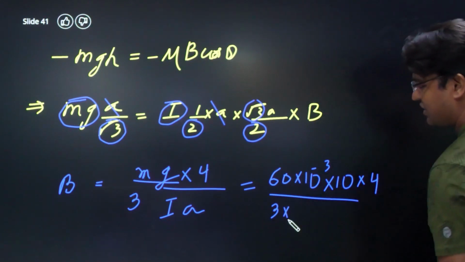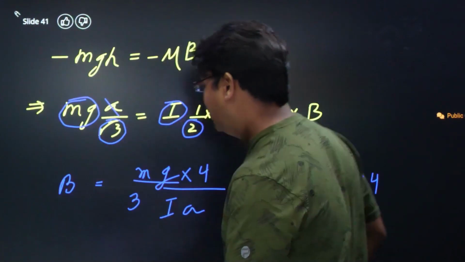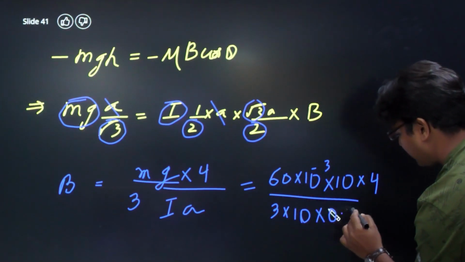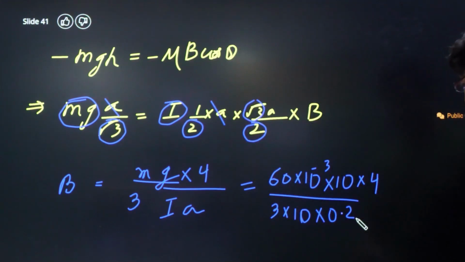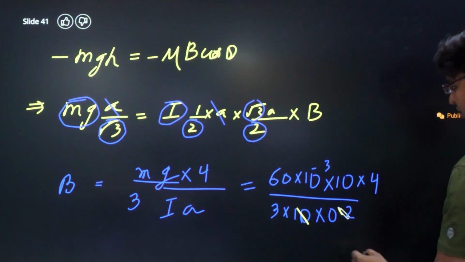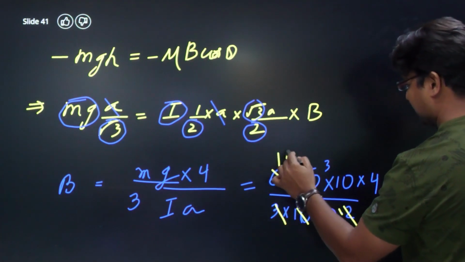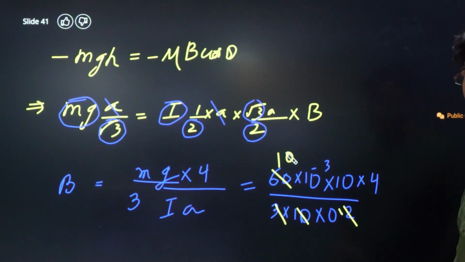Current is 10 ampere, and A was 20 centimeter, so it becomes 0.2. Now let's see whatever we can cancel out. So this 10 and this decimal goes away. 3 to 6, so this becomes 10. So 10 into 4, that's 400.